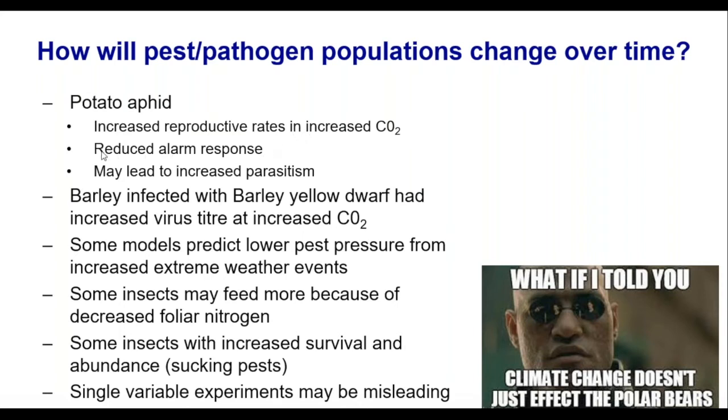But they also measured a reduced alarm response. That may mean the alarm response being drop off the plant. So if there's a parasitoid coming along, they don't release their alarm pheromones as much, they don't drop off the plant as much, so perhaps there will be increased parasitism.